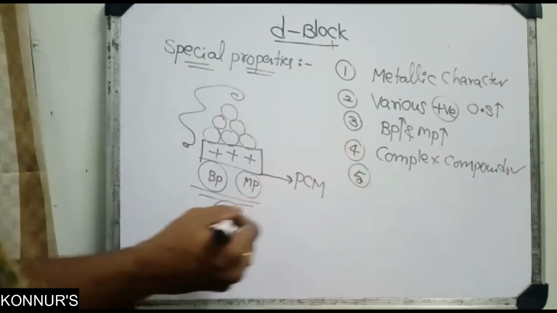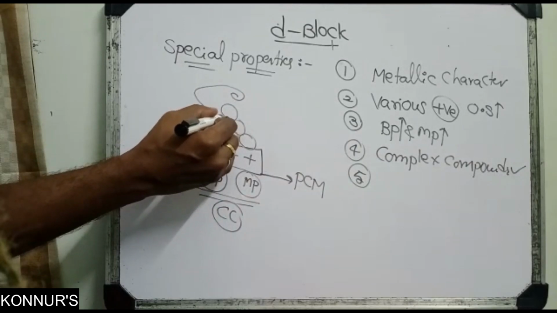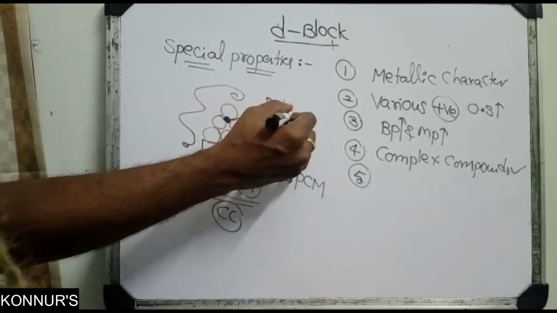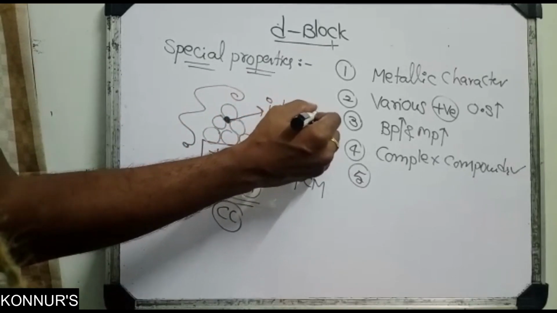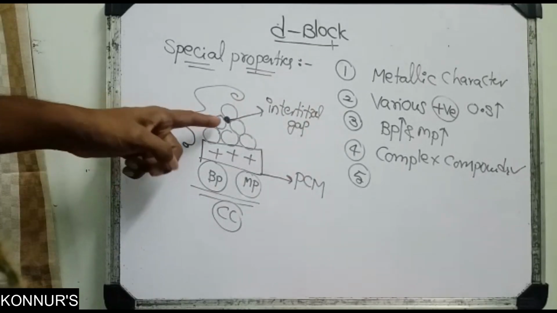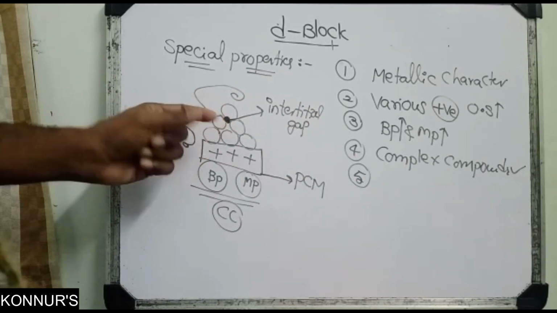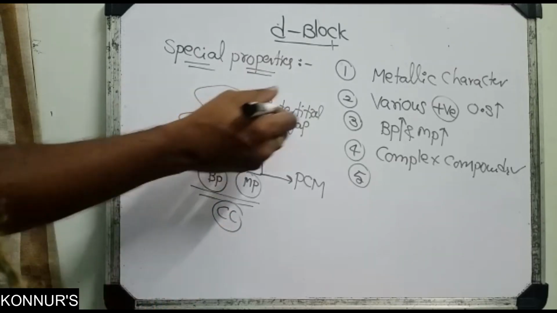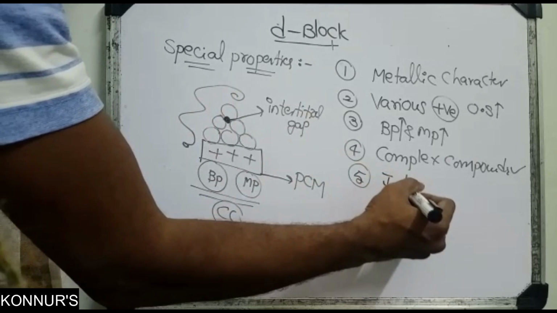Next, if atoms are arranged closely, you get some gaps. These gaps are called interstitial gaps. Suppose you take iron, in its gaps carbon is occupied, then you get steel. That is called interstitial compounds.